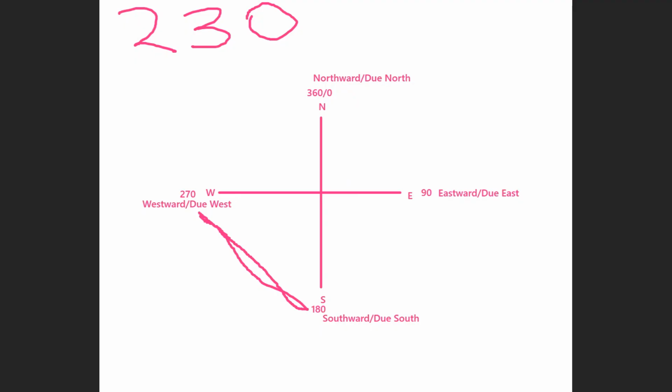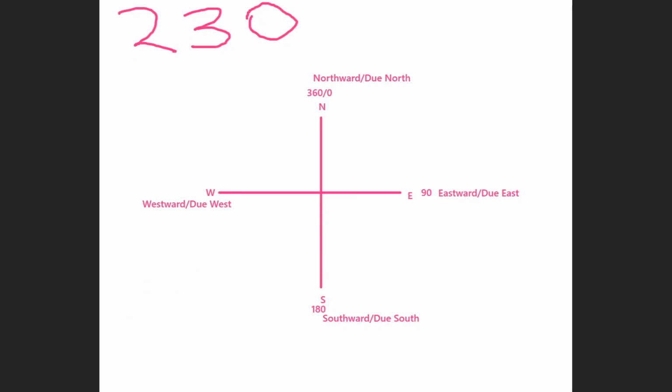If I have to calculate the midpoint between 270 and 180, you just add 270 to 180 degrees and divide by 2. Sorry about my drawing, please.